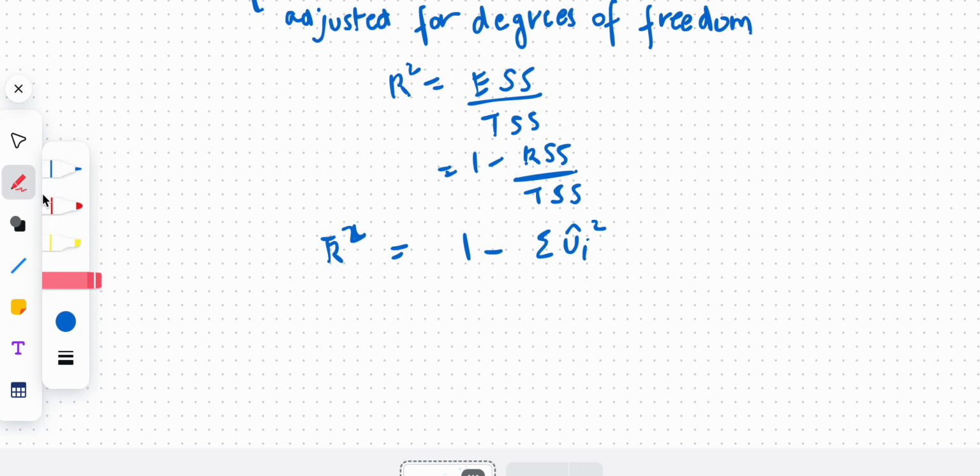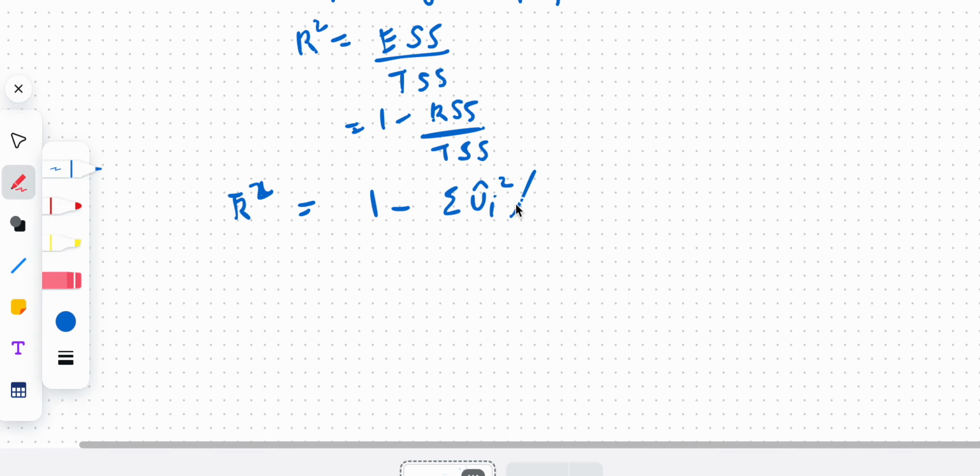Wait, this will become n minus k, and this will be, wait, one thing I have a doubt in right now.